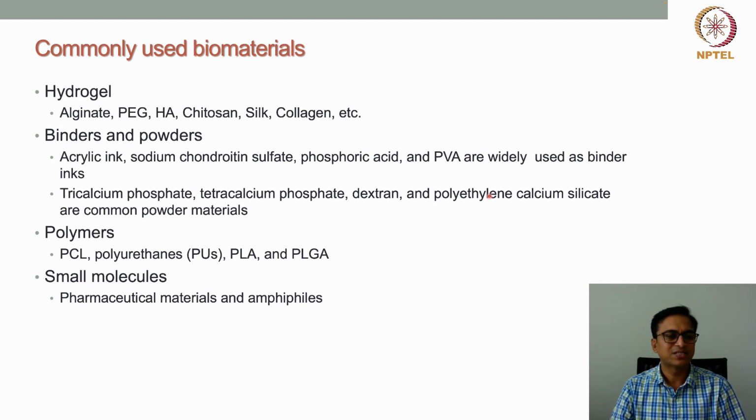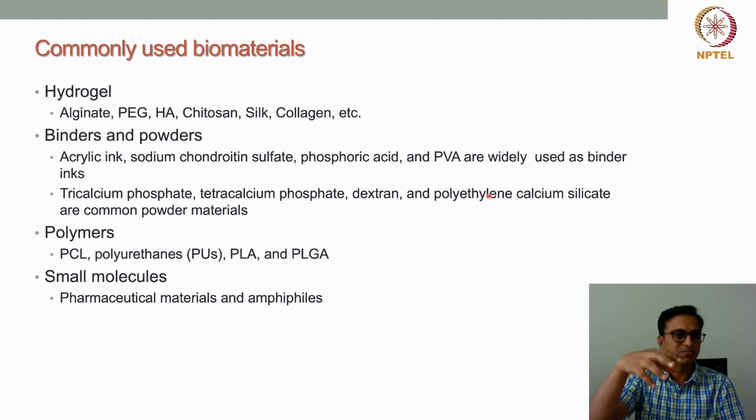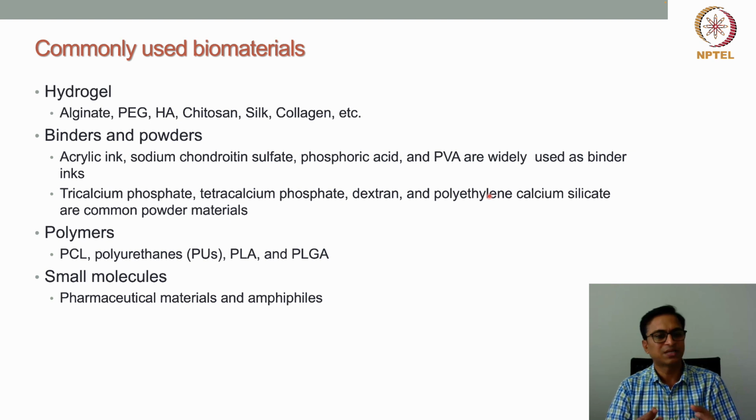So here the concept is using a powder bed, we deposit the binders using this inkjet principle where droplets of the binders are generated and then delivered onto the powder bed, and the binders bind the powders at certain locations. Then we solidify or stabilize them by heating.